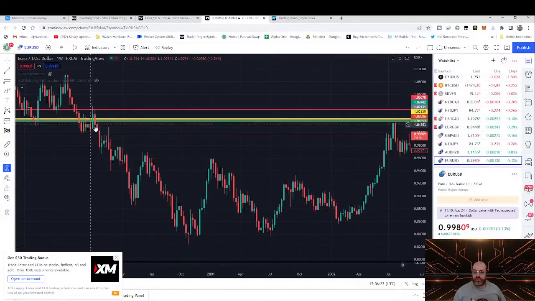So here you see, we broke it, and we can see then that the next support area is around 0.966. So then we take a comfortable take profit at this level.